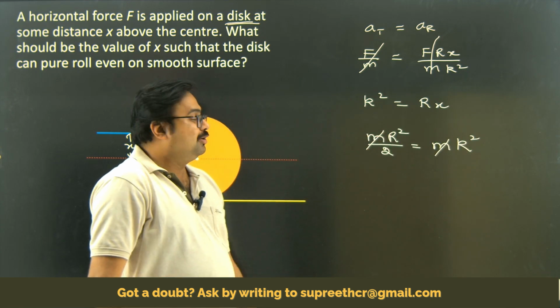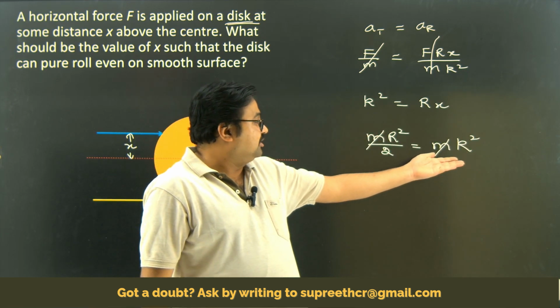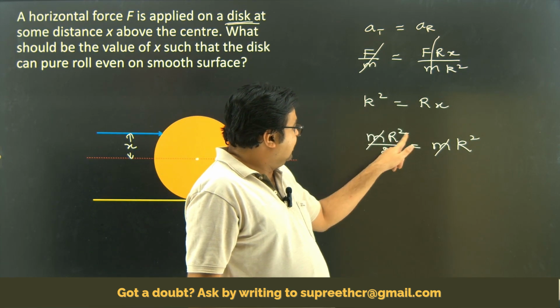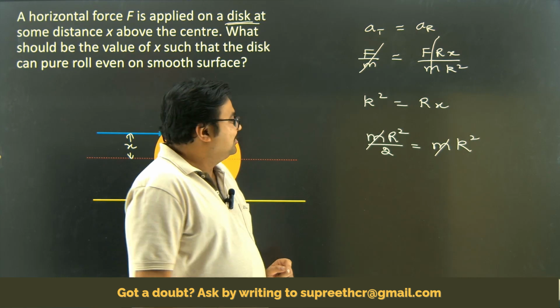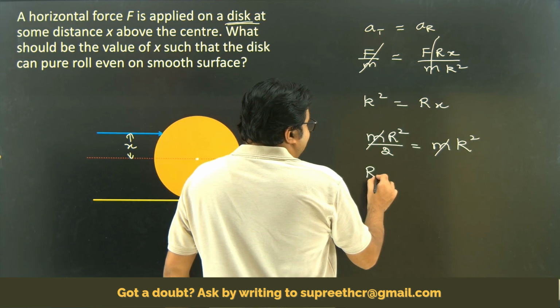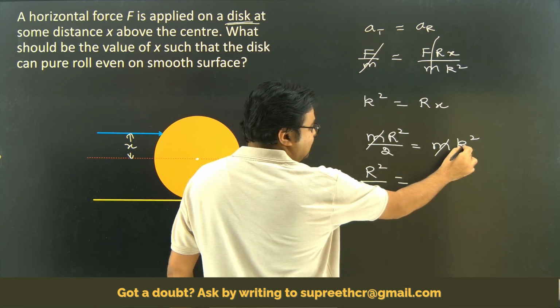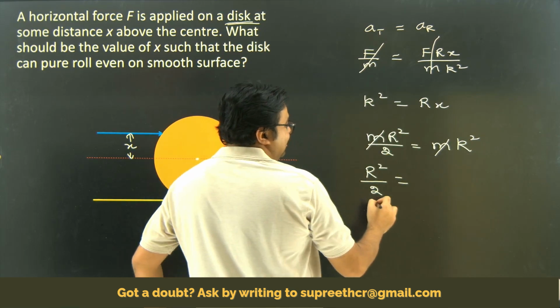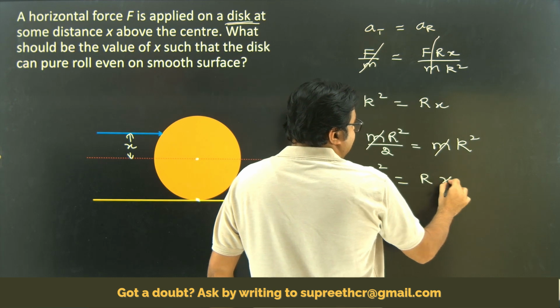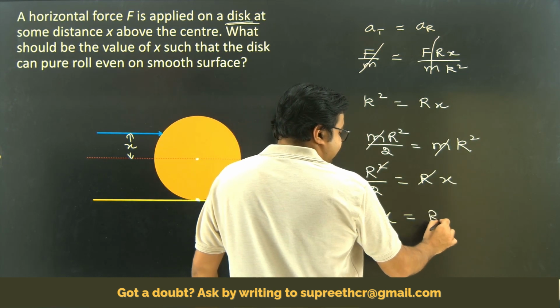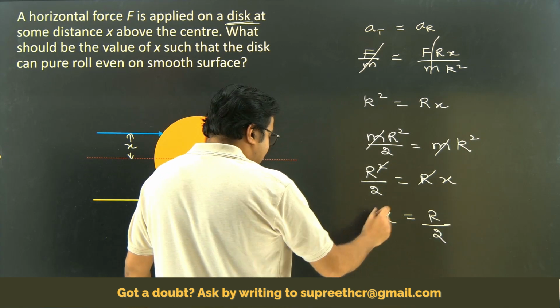K would be equal to R by root 2 if you take a square root, but here I just need K square, so instead of K square I shall substitute R square by 2. When you substitute R square divided by 2 in place of K square, you will have R into x. R and square gets cancelled. So what does x become equal to? Dear friends, x becomes equal to R by 2.